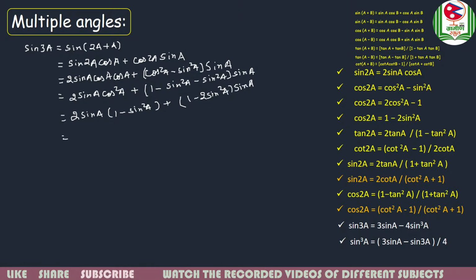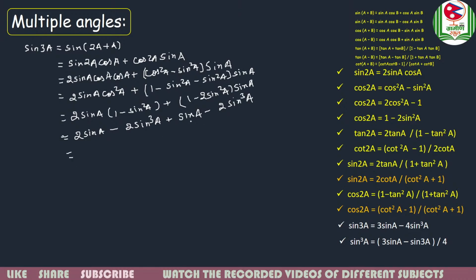Okay, so on further simplifying, we will get 2 sin A minus 2 sin cube A plus sin A minus 2 sin cube A. So on simplifying, what we will get?